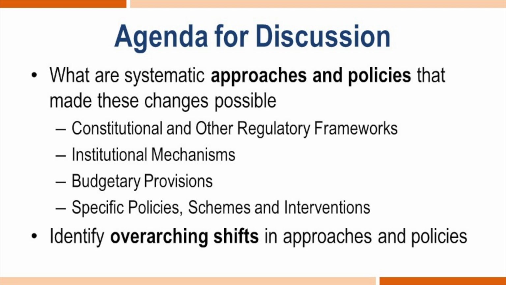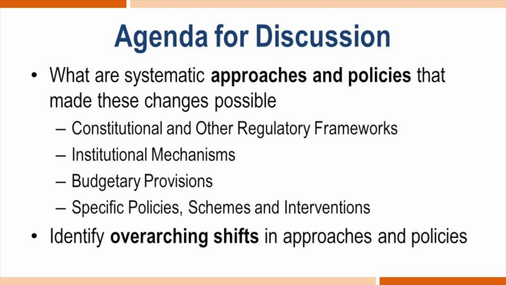We have constitutional and other regulatory frameworks. We have institutional mechanisms to look after these improvements. We have budgetary provisions, and besides, we also have specific policies and schemes and interventions.